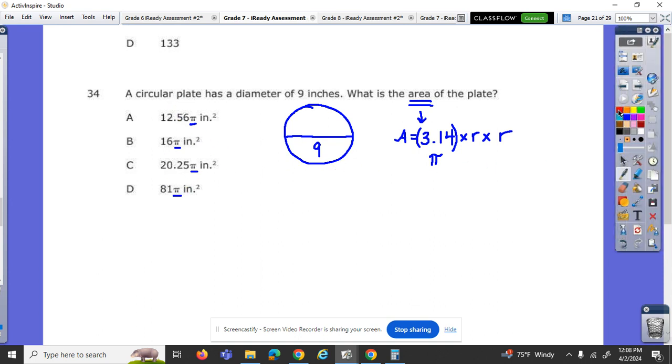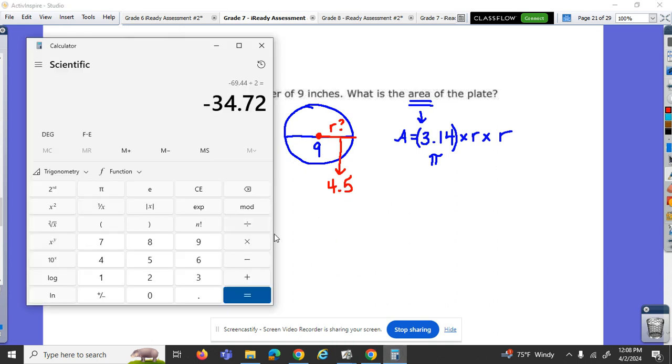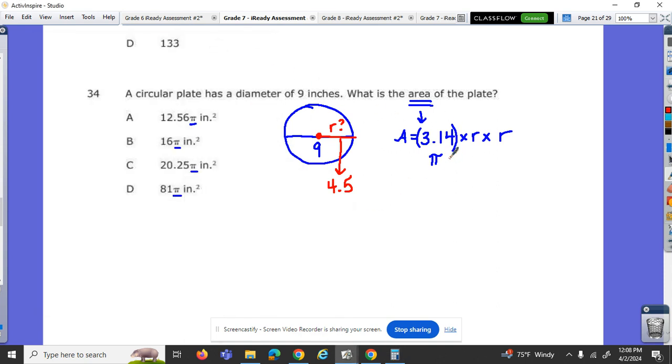Now remember our diameter was 9, right? We need our radius. Can you think about what the radius would be? Okay, if you were thinking 4.5, you were on the right track. If you weren't sure, of course, you could always divide it by 2. But some of you I know can do that in your head.